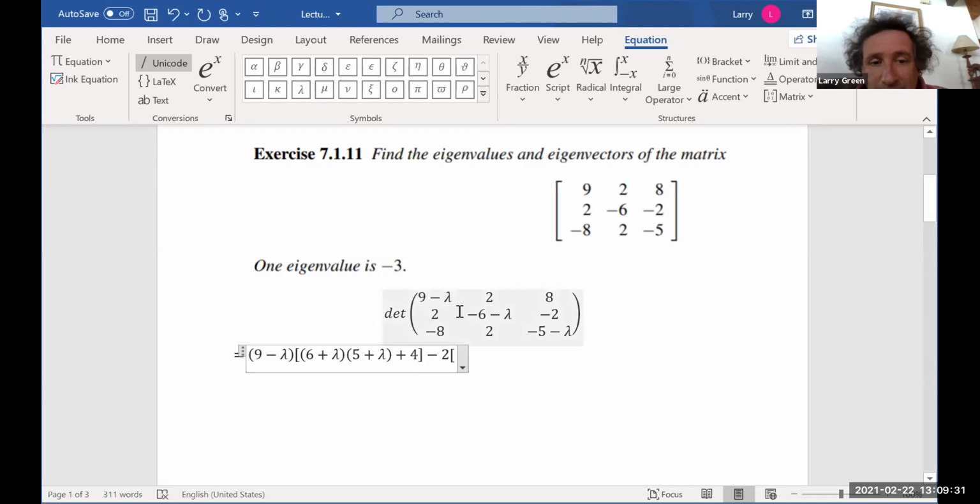Okay. And now we're going to find the determinant of the minor when you get rid of the second row, first column. And we get 2 times negative 5 minus lambda. And I'm going to write that as negative 2 times 5 plus lambda. It's a little easier to type. Let me know if I'm skipping too many math steps. And then you're going to have a minus 16.